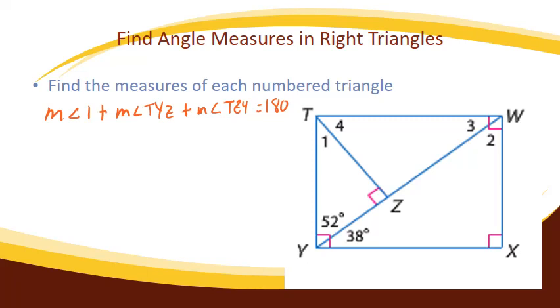All right, so let's see. Now we got the measure of angle 1, which is what we're going to find, plus the measure of angle TYZ. Well, that's 52 right here. Plus the measure of TZY, which is this right angle here, which is 90, equals 180.